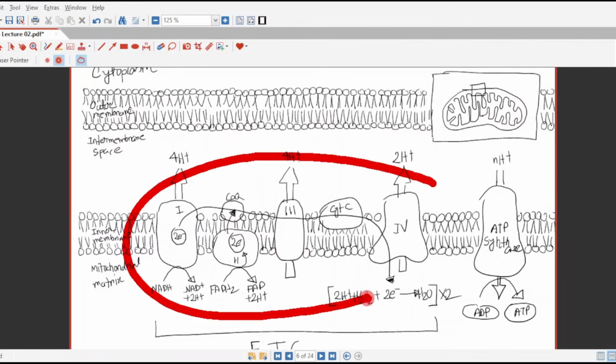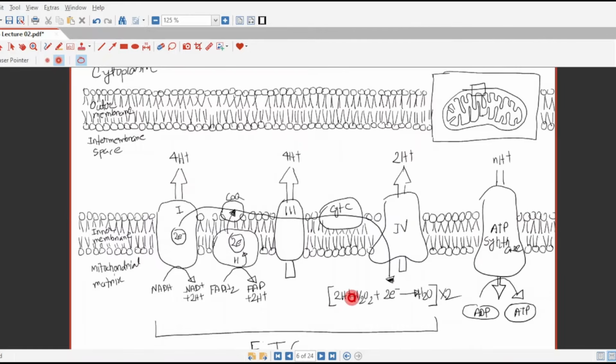These 4 enzymes together are called enzyme complex, right? What they do, they actually take protons and they pump protons inside, and that protons are taken up by another enzyme. That enzyme is called ATP synthase, and with the flow of the proton, ATP synthase makes ATP.